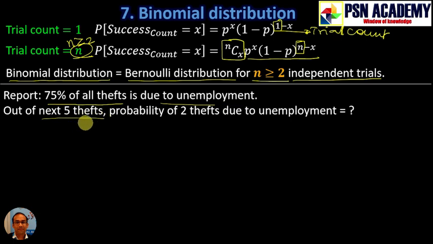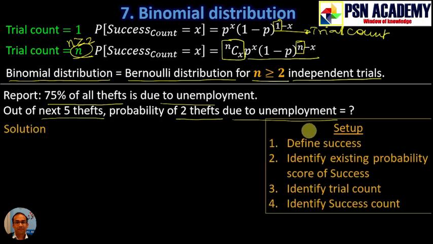So, next 5 thefts, what is the probability of 2 thefts due to unemployment? So, out of those 5 thefts, we want to know the probability of 2 thefts that will be due to unemployment, okay? And 3 thefts will be for some other reason. We don't care about that, okay? So, what is the probability of this?